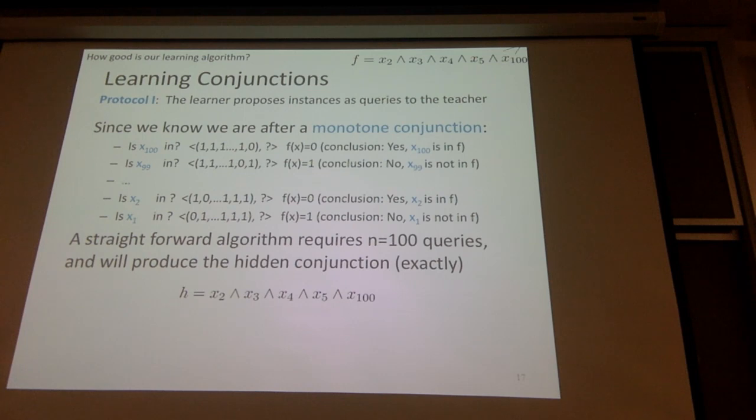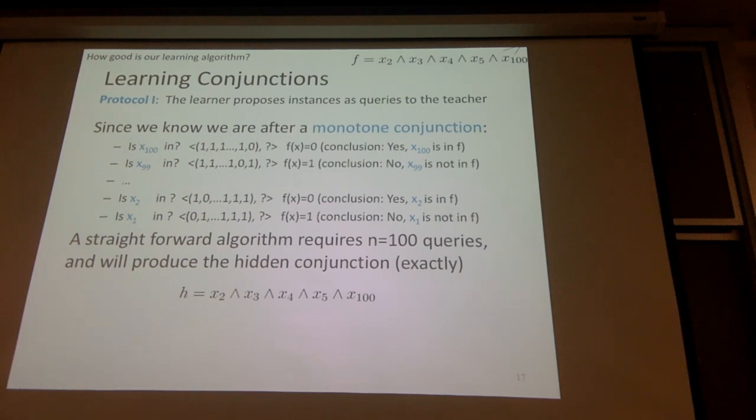Yes. So this algorithm or this approach assumes that we know it's a monotone conjunction. How do we figure that out? We don't. This is a good question. In real life, we hardly ever know that. In a lot of the learning theory examples, we will assume that the concept is in this class of functions, and then we can ask the question: what is the difficulty of learning this concept?